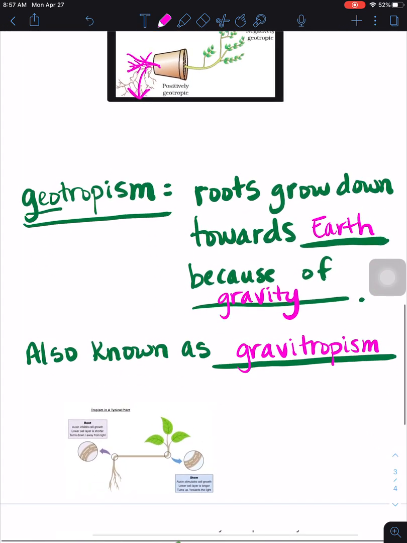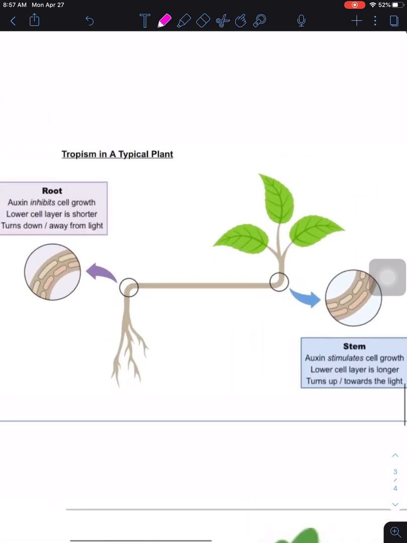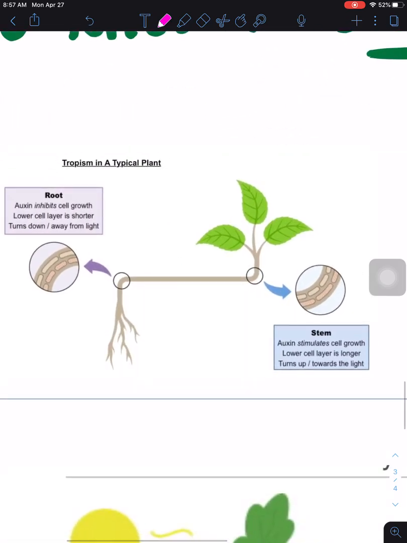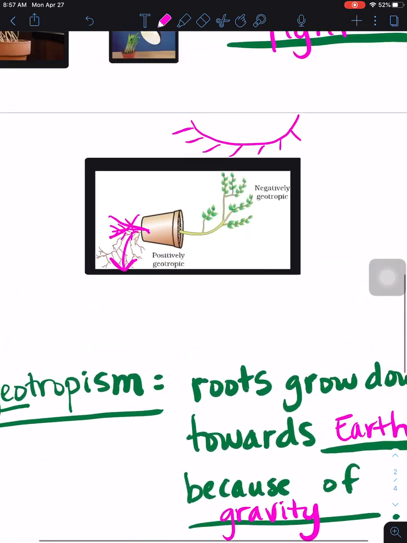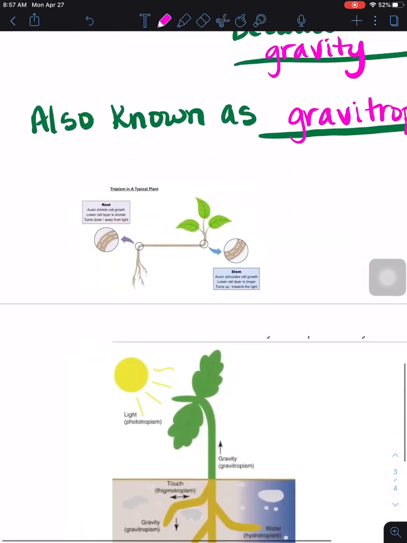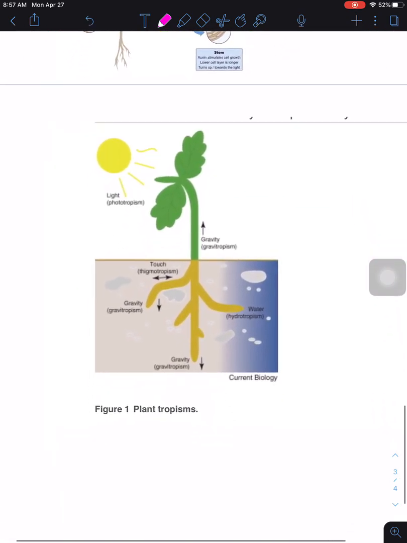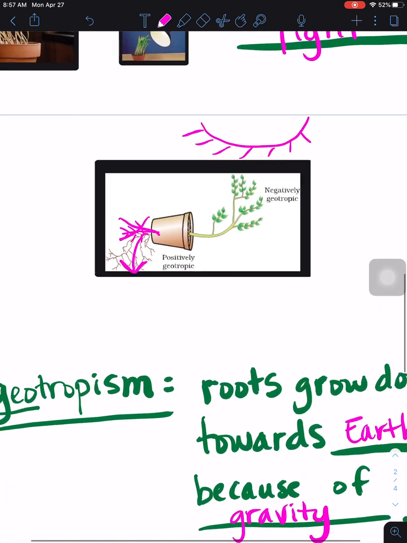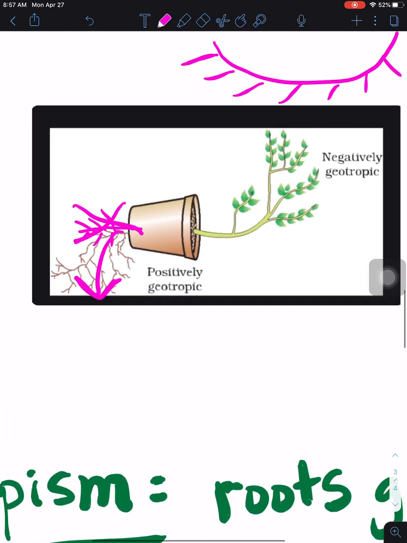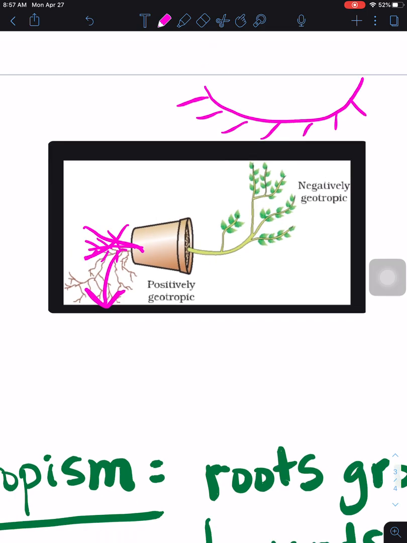And here's another example showing you that. You're also going to see in your reading about positive and negative tropism. If it's growing away from the stimulus, it's negative. If it's growing towards the stimulus, it's positive.